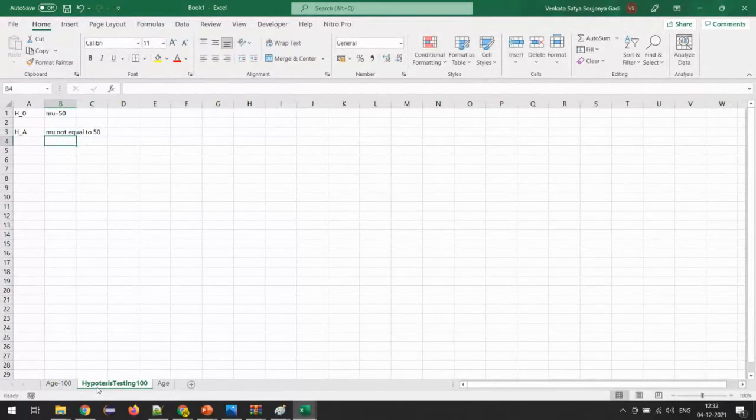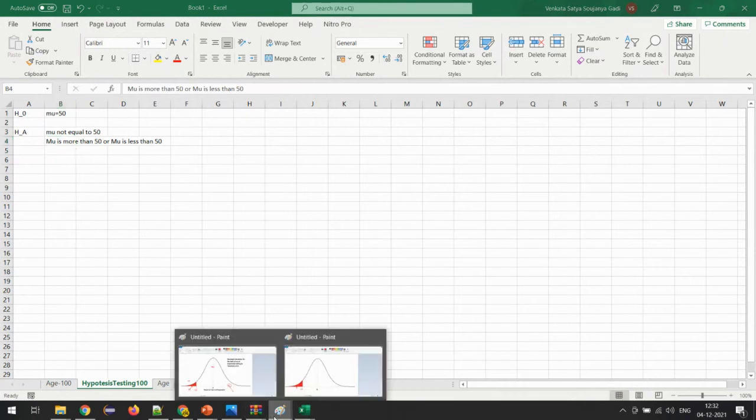In other words, mu is more than 50 or mu is less than 50. So if you notice here, I'm saying mu is more than 50 or less than 50. So I have two tails, you see. So I'm selecting on both sides. So that's why it is called a two-tail test.